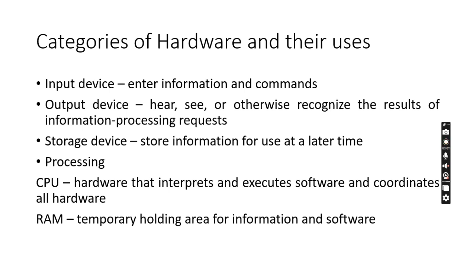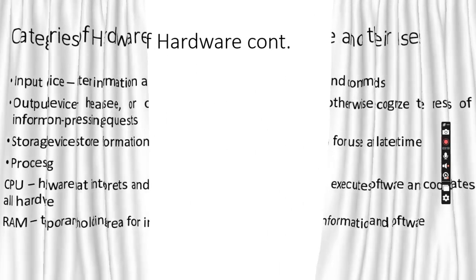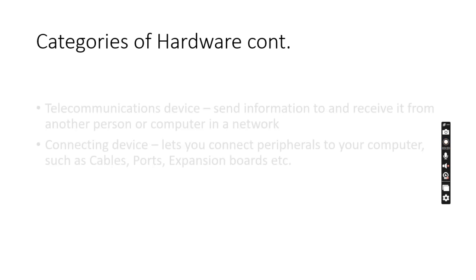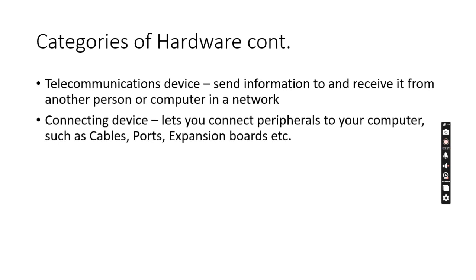Then we have processing devices. Examples are the CPU and the RAM. The CPU interprets the software that we have and coordinates all the hardware, and the RAM is a temporary holding area for information and software. And then we also have telecommunications devices.